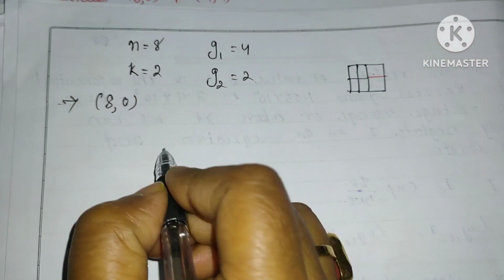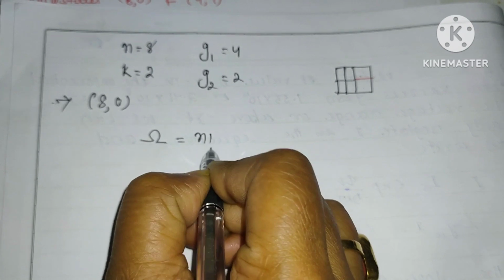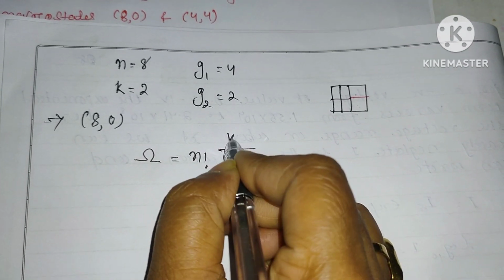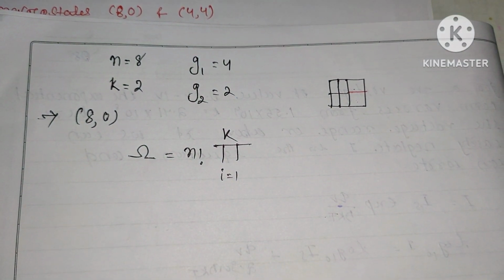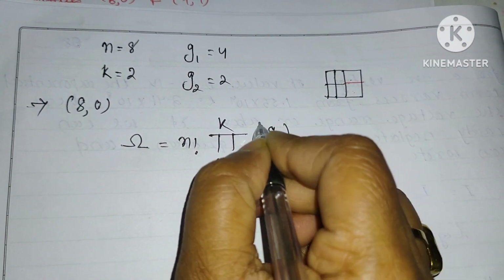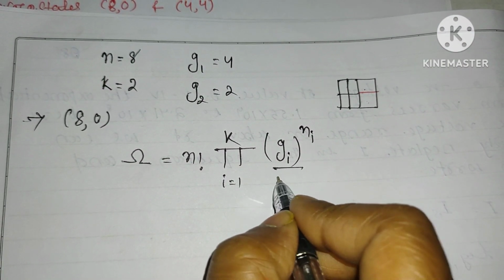So here I am writing this microstate will be equal to n factorial, the product over i equal to 1 to k, gi power ni divided by ni factorial.